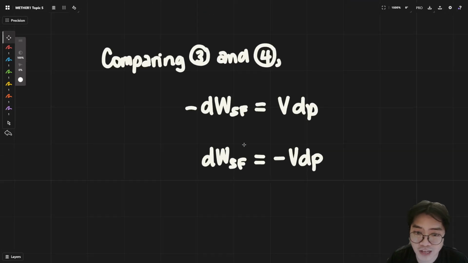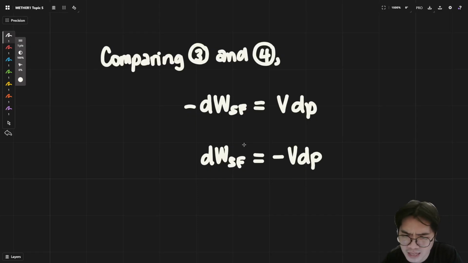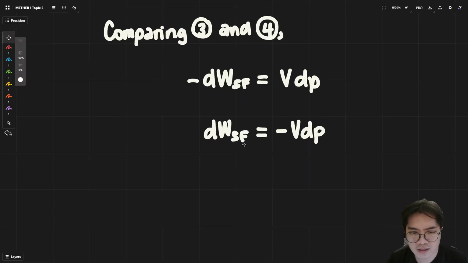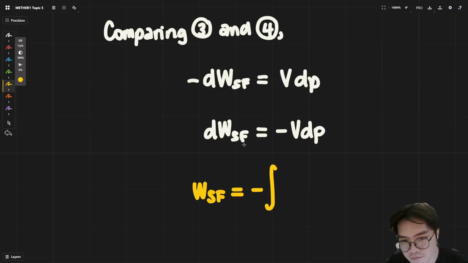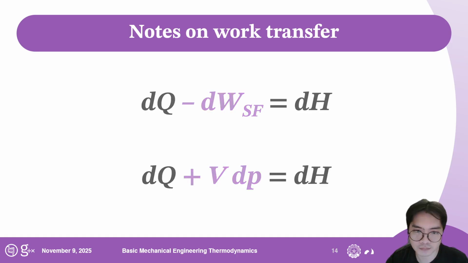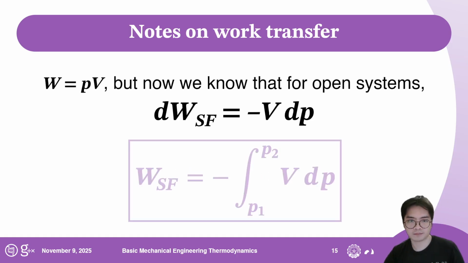Now, dWSF is equal to negative VDP. Very interesting. That means that our work steady flow is just going to be the integral of negative VDP from the initial pressure to the final pressure. There you go.